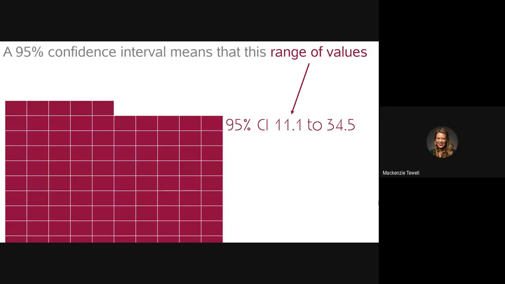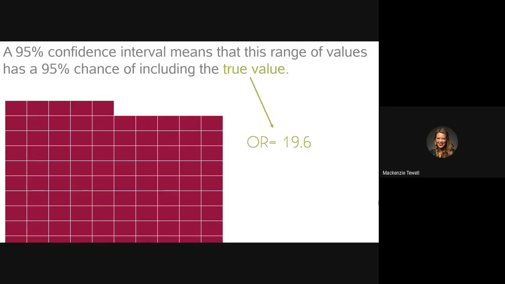We often see that statistics include what's called a confidence interval, and it is usually accompanied by 95%. It is a range of values, in this case, 11.1 to 34.5. And this range of values should contain the true value, which in this case is 19.6, or our odds ratio.